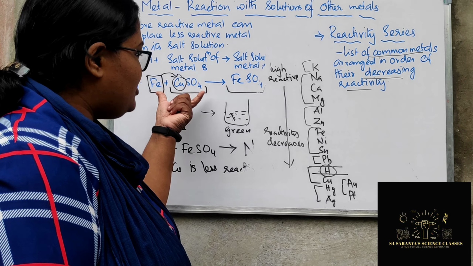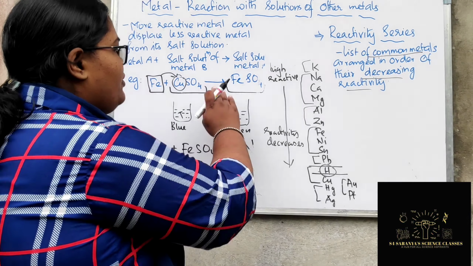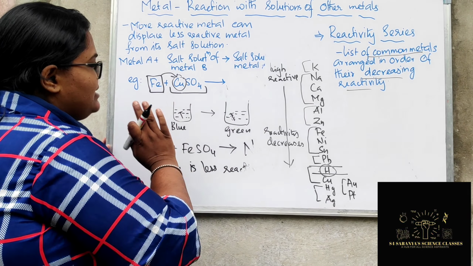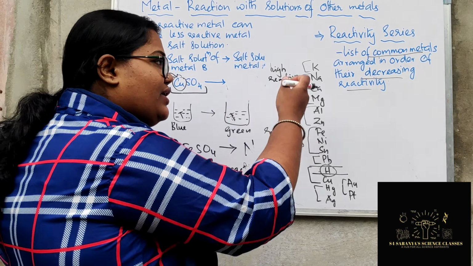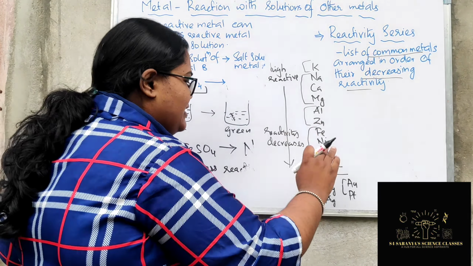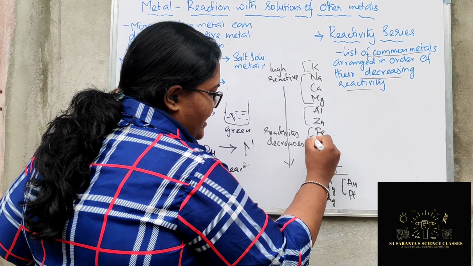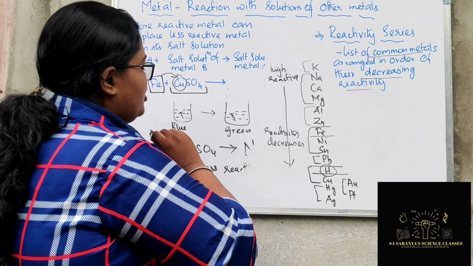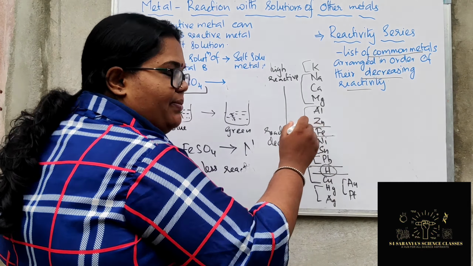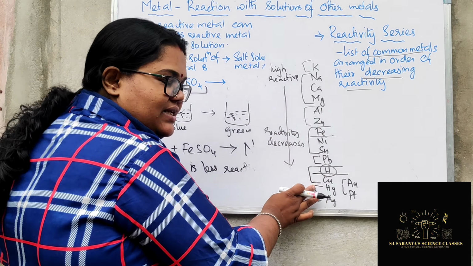If you are given such a reaction and don't know what to write, first write the reactivity series and check the position. Check iron, yes, iron is here. What is the position of copper? Copper is down. Obviously, a highly reactive metal can displace a low reactive one.